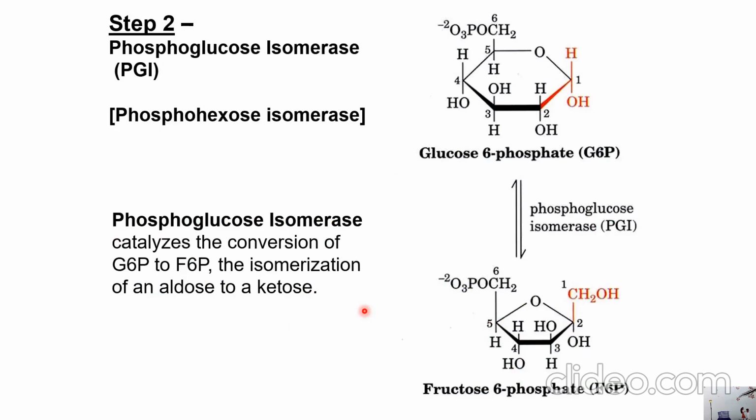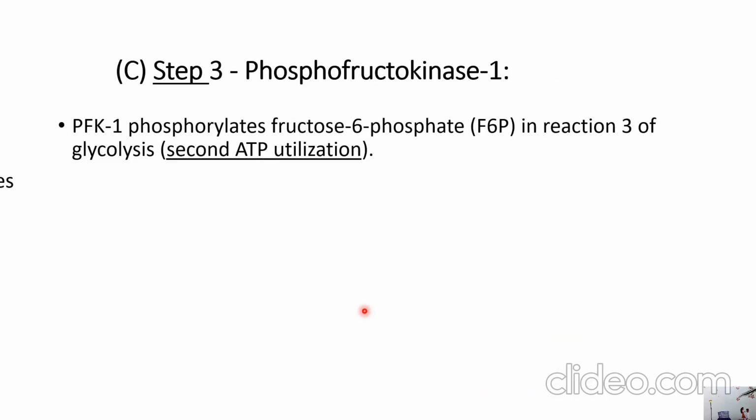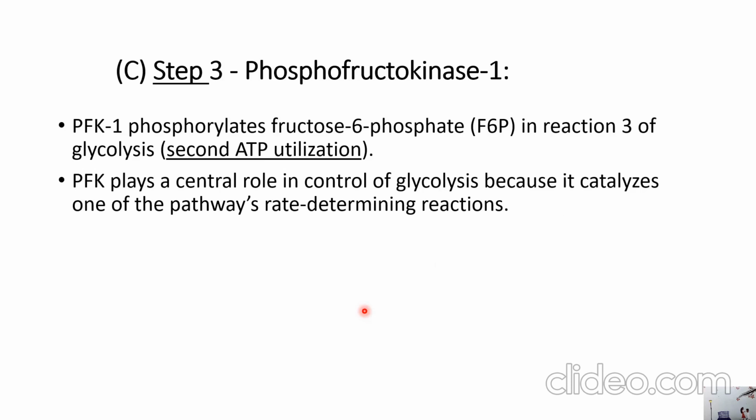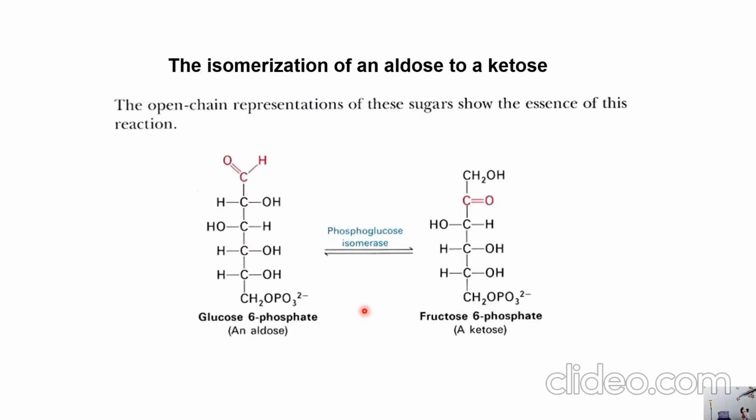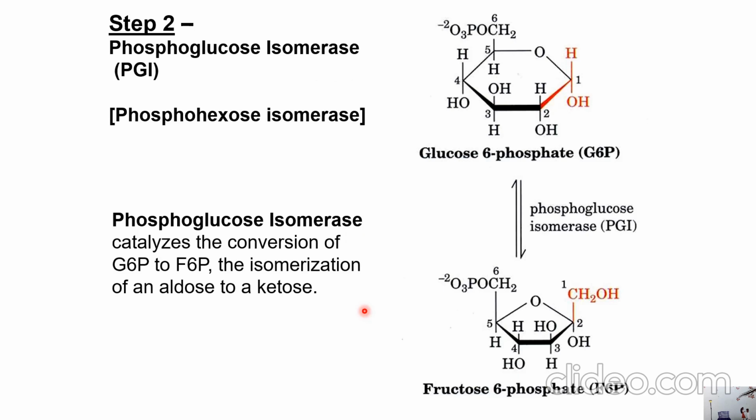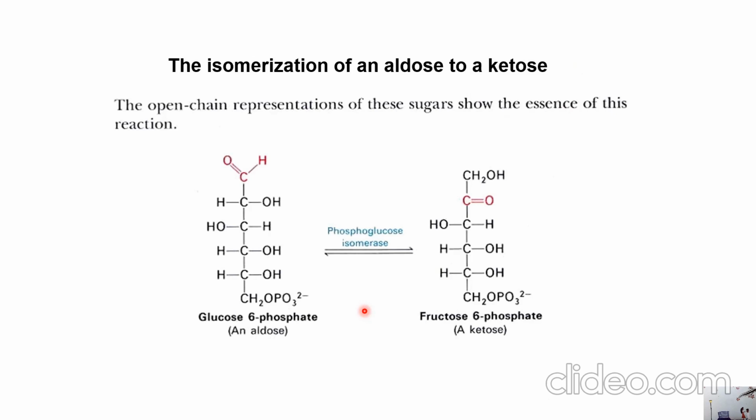G6P was glucose 6-phosphate and F6P is fructose 6-phosphate. This is the conversion of an aldose to a ketose, the isomerization of an aldose to a ketose. The open chain representations over here show the course of the reaction.